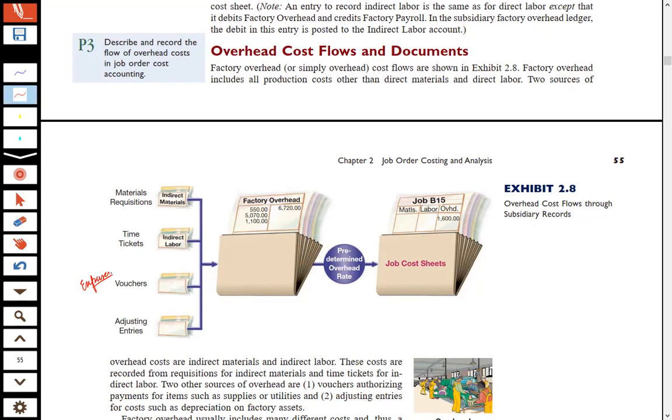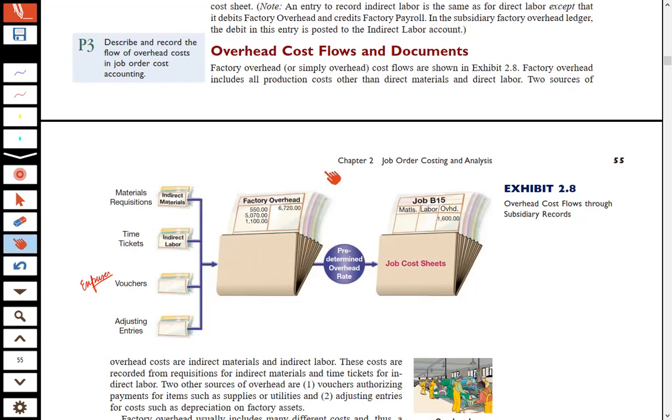So if depreciation of the machinery is charged for the specific job, it will also go into the factory overhead account. Then some adjusting entries, that is adjusting entries for any prepaid, for any unearned, they will ultimately go to the expense and will be recorded in the factory overhead.